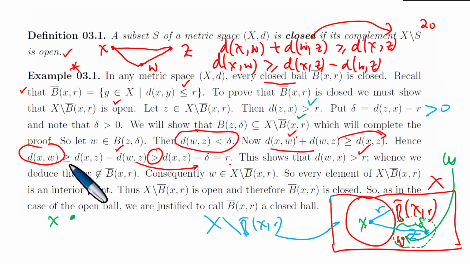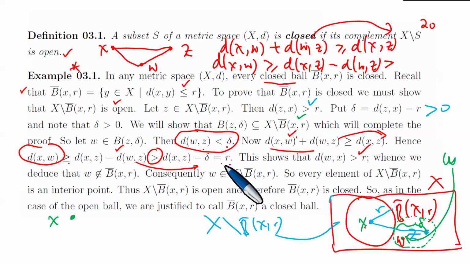So in other words, the inequality is correct. But of course, we have more than this, because the distance between W and Z is smaller than what? Smaller than delta. It's actually much, much smaller than delta.